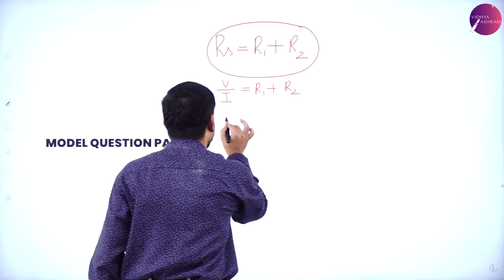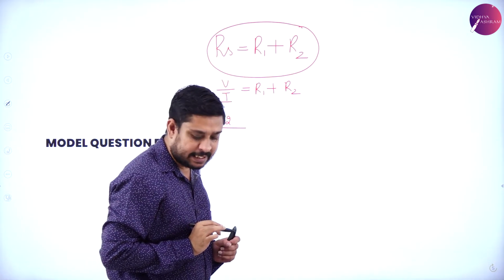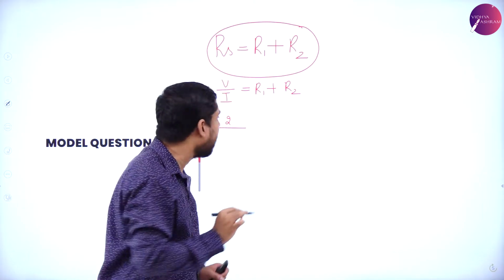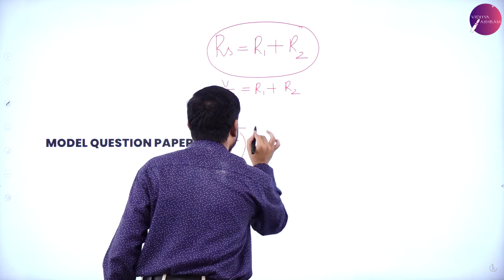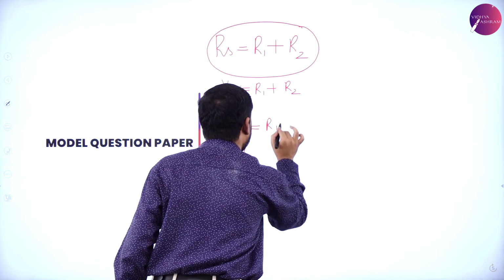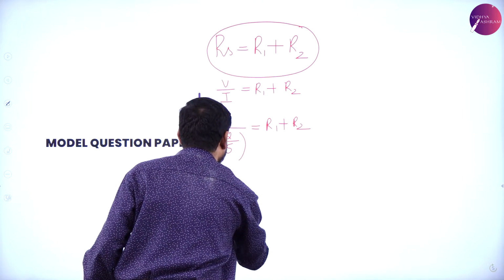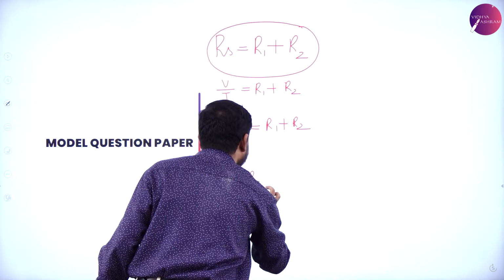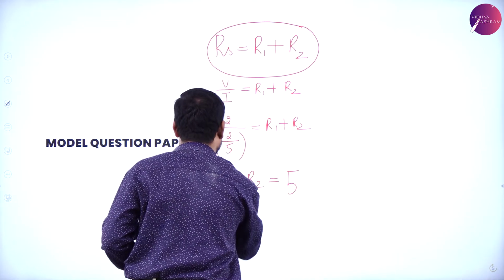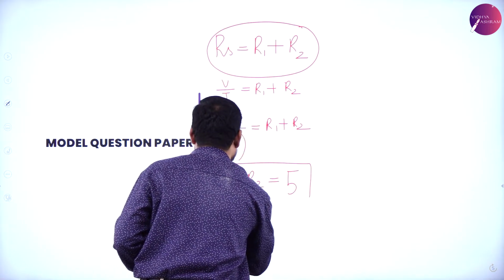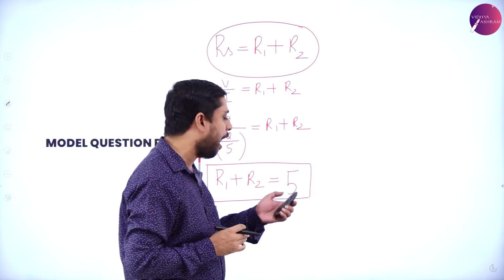So this is 2 divided by, when they are connected in series, how much is the current flowing? This is 2 by 5, which is equal to R1 plus R2, or very clearly, R1 plus R2 is equal to 5. So I have got the value of R1 plus R2.